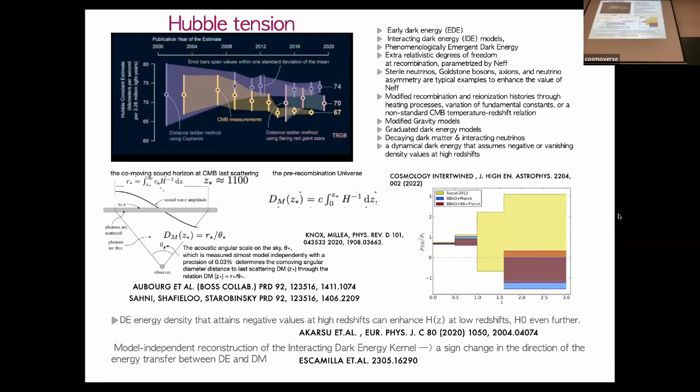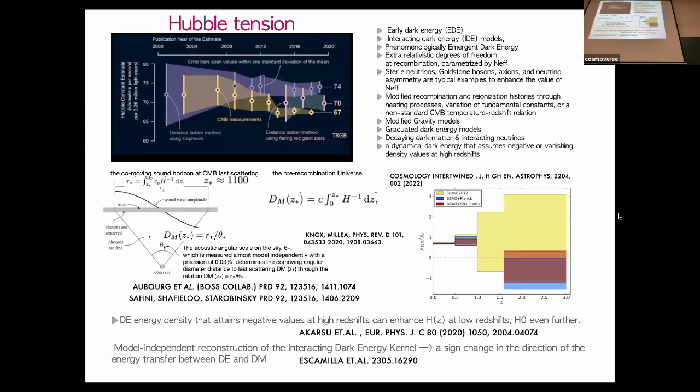There are many proposals in the literature to relax, alleviate the tensions by changing the late universe or early universe, but we know that we should keep theta star as the measured value, because this is measured almost independently with a high precision. So what's the way of this?